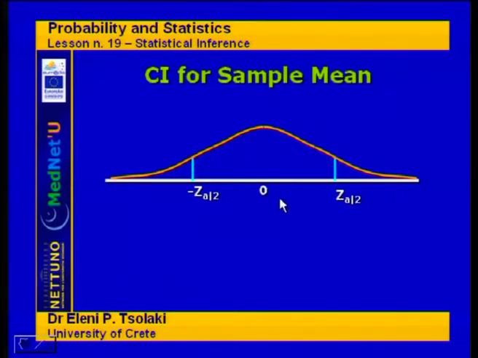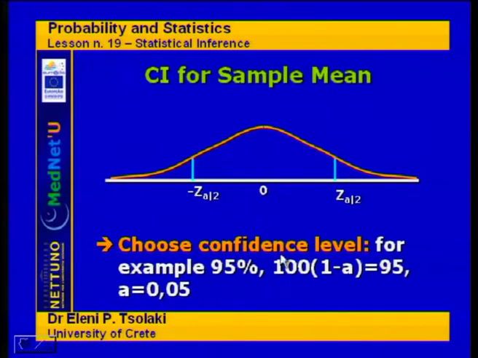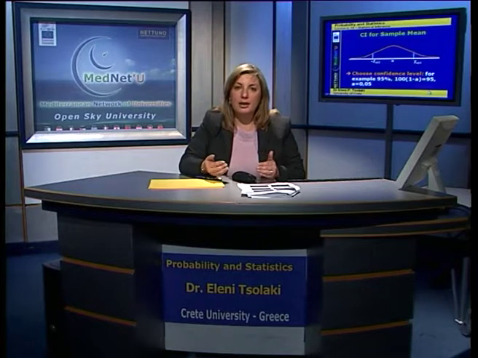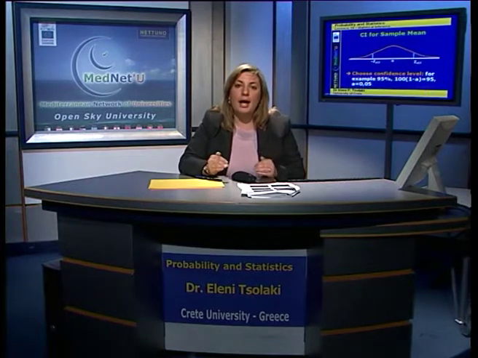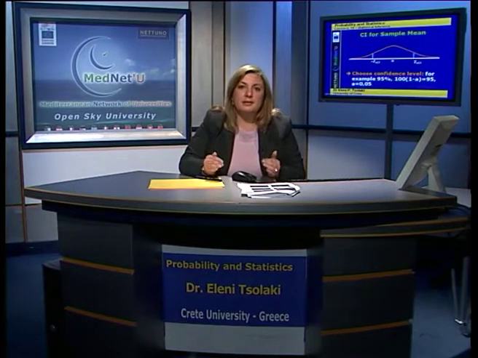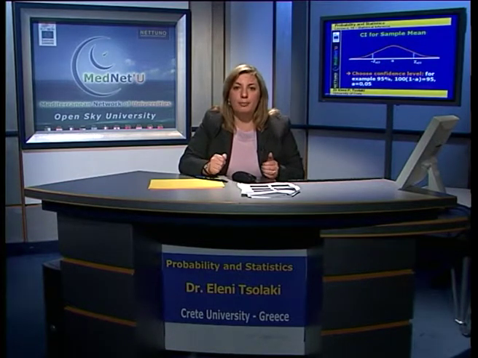for the sample mean. What we have here is that we always choose a confidence level beforehand. We choose a confidence level depending on the problem we are going to solve, and it's also more a matter of experience what this confidence level will be at the end.